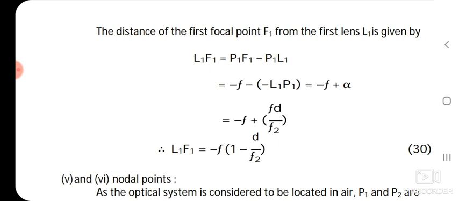If you substitute the value, it gives L1 F1 is equal to minus F into 1 minus D by F2. As the optical system is located in air, P1 and P2 are also the positions of the nodal points N1 and N2 respectively.